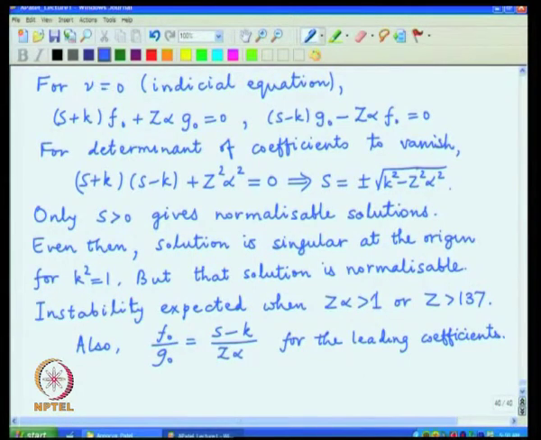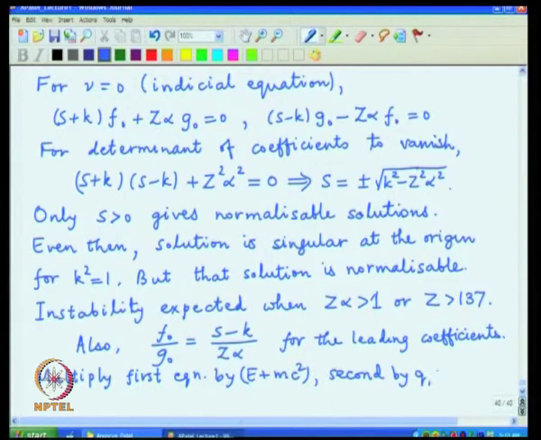I will just give the answer: we get two equations, and multiply the first equation by E plus m c square, the second by q, and then subtract the second from the first one.